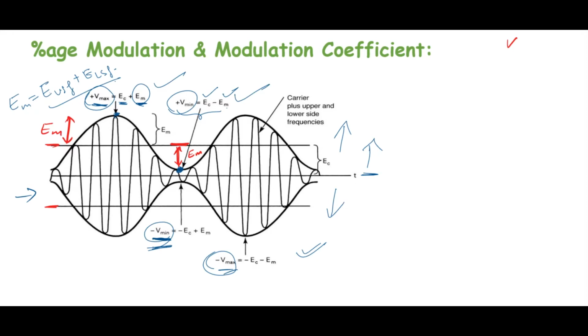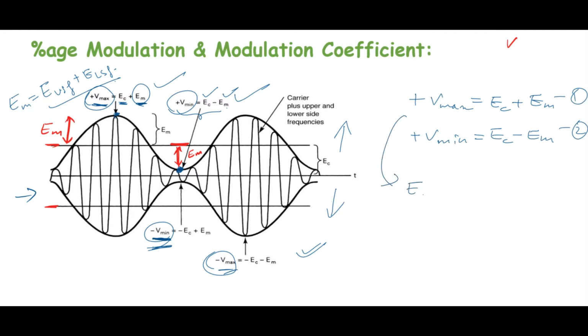So let us write these equations here. Plus Vmax equals Ec plus Em, and plus Vmin is equal to Ec minus Em. Mark them as equation number 1 and equation number 2. Now from equation 1 I can get the value of Ec, which becomes Vmax minus Em.